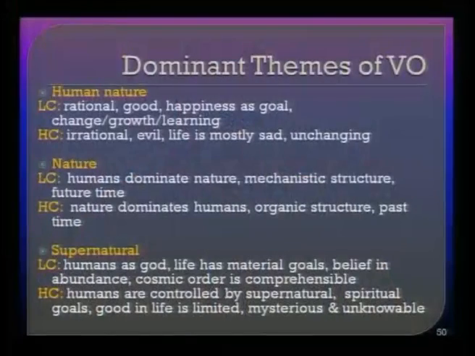Then about nature as such, in low context culture, humans dominate nature, which means nature itself is seen as a kind of benevolent servant to the man who is the master. So, man can make nature succumb to his whims and fancies, nature yields to his whims and fancies.